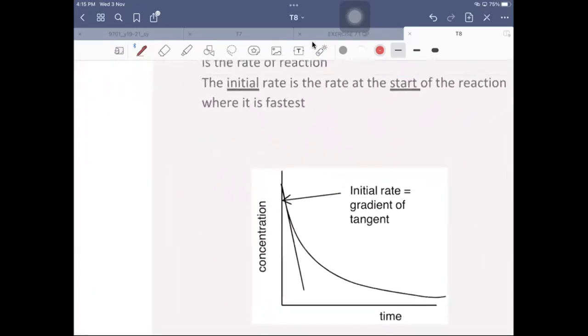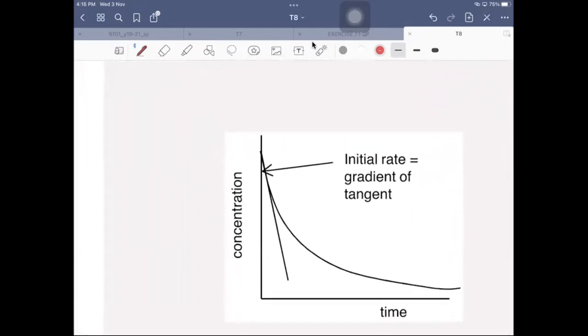Next is looking at the graph. Usually the easiest way to monitor the course of a reaction, that means to monitor the progress of the reaction, we look at plotting a concentration-time graph. So concentration is in mole per dm cube, and time can be in seconds or in minutes. I think you have seen a concentration-time graph before.